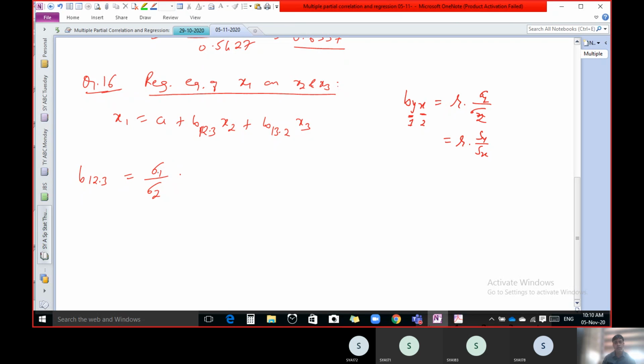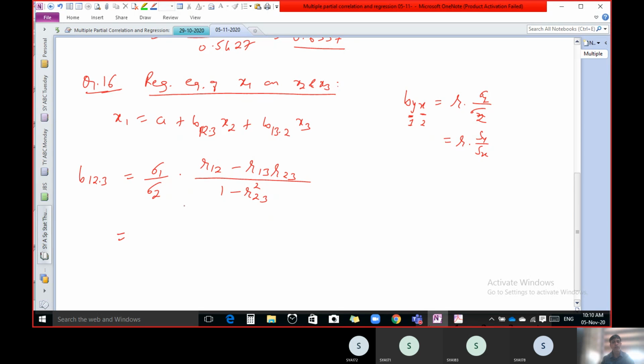Same like this: sigma 1 upon sigma 2 into, now instead of r, you have to write r12 minus r13 r23, same like the previous one, R12.3. We know the formula of that. The numerator remains the same. In the denominator you have to write 1 minus R23 square. So only you require to learn this formula.